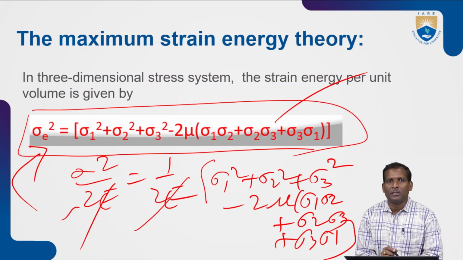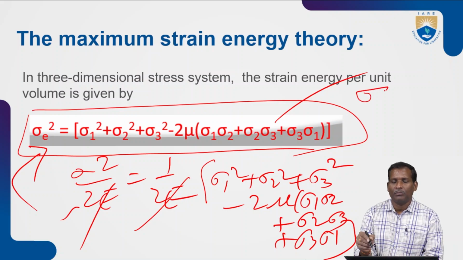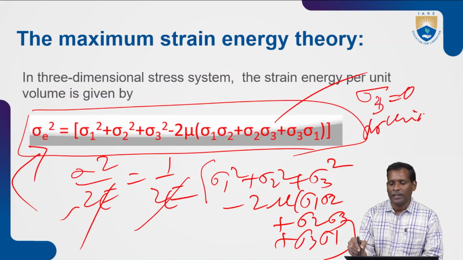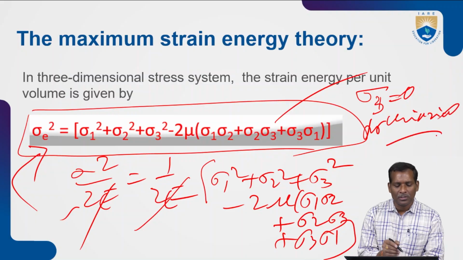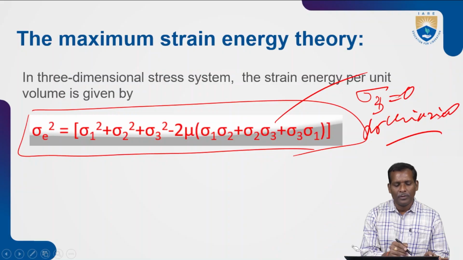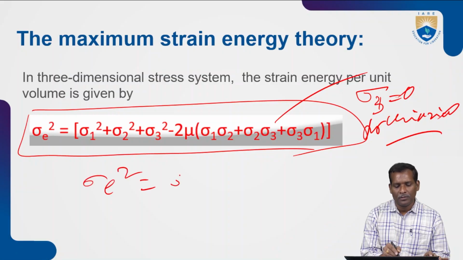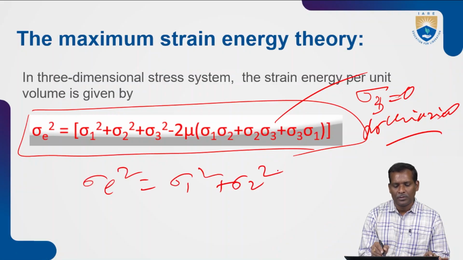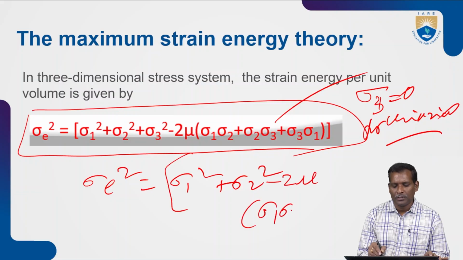Suppose this is not a three-dimensional stress system, it's only, say, biaxial. Then sigma 3 is equal to 0. So put sigma 3 equal to 0 and substitute, and you will get sigma e square is equal to sigma 1 square plus sigma 2 square minus 2 mu into sigma 1 sigma 2, only sigma 1 sigma 2.